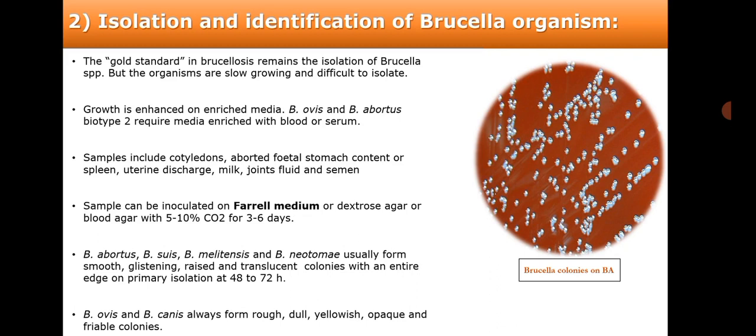Serology. The immune response to Brucella is characterized by the initial production of IgM antibodies followed by the production of IgG antibodies. Major antigens that are useful for serological diagnosis of brucellosis are the smooth lipopolysaccharide of the outer membrane and internal proteins.